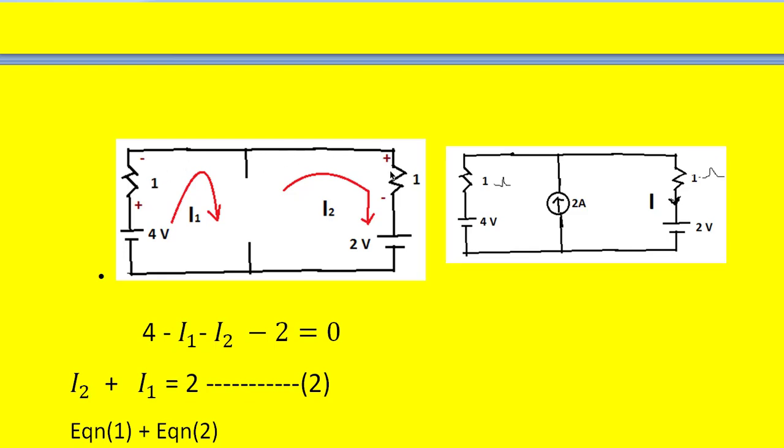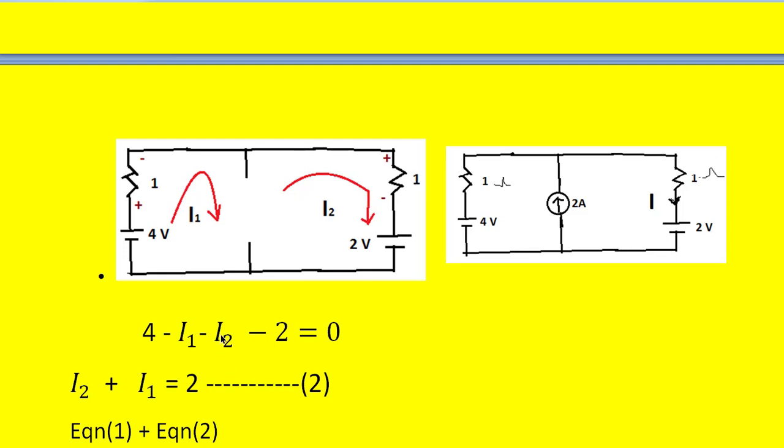Next come here. Here the current entering this 1 ohm finds positive first, next negative. If you find the positive first, next negative, we call that a voltage drop, and voltage drop will get the negative sign. So we write here minus 1 into I2.